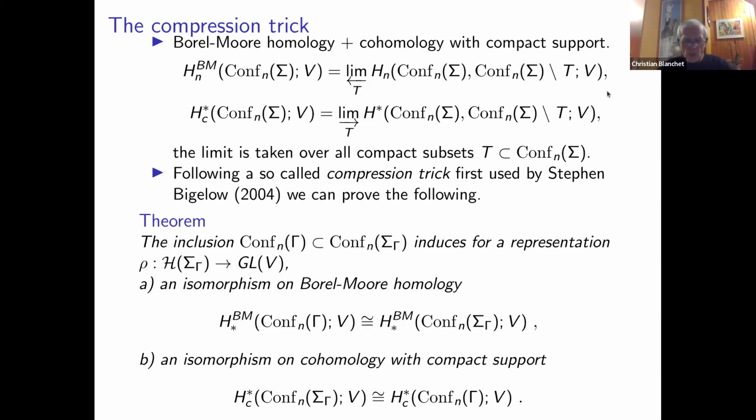So following the so-called compression trick, first used by Stephen Bigelow, we can prove the following: the inclusion of configuration in the graph into configuration in the surface induces, for a representation ρ, for example, of the Heisenberg group, but it could be of the braid group, an isomorphism on Borel-Moore homologies.